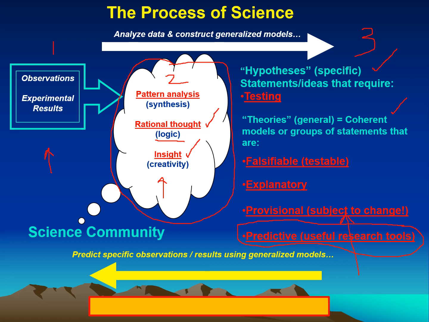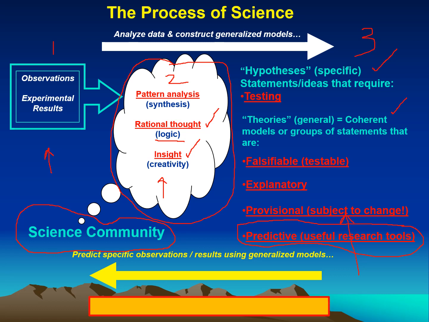A couple other quick points before we move on, and that is that nowadays most science is done collectively. It's done by groups of researchers, and when researchers publish their findings in peer-reviewed scientific journals, that really is only the beginning of the vetting process when it comes to science.